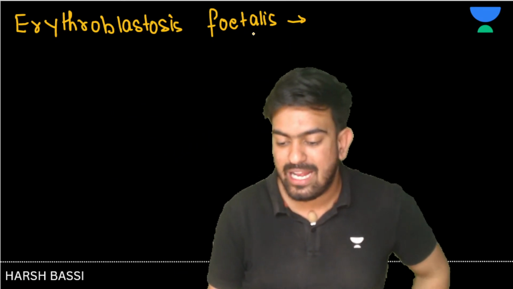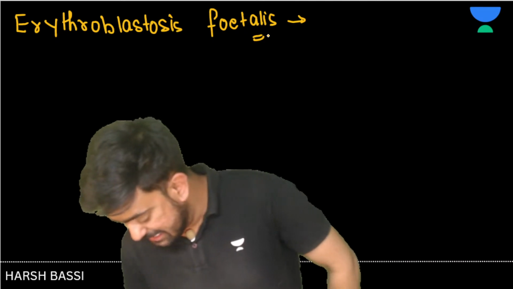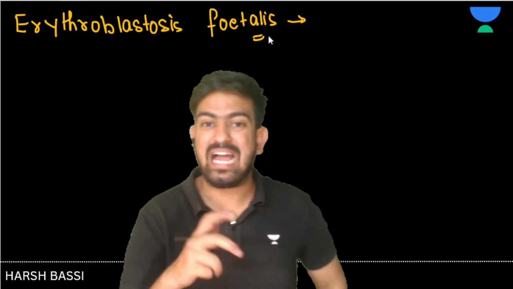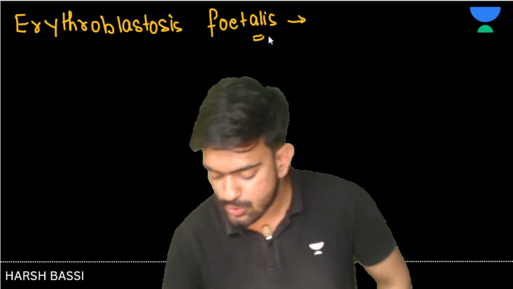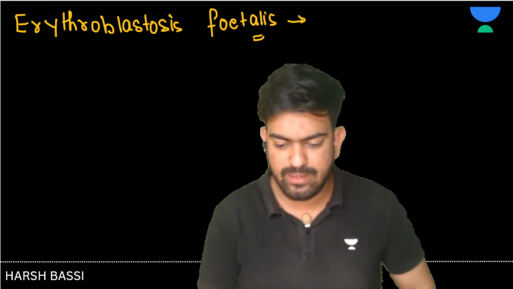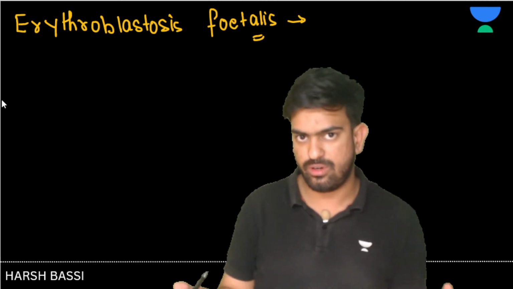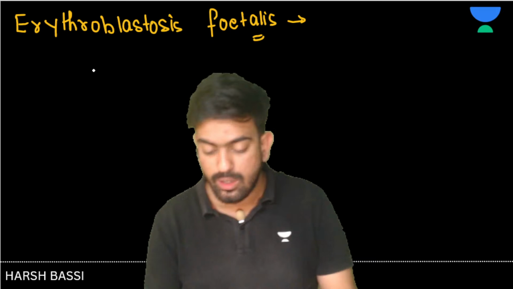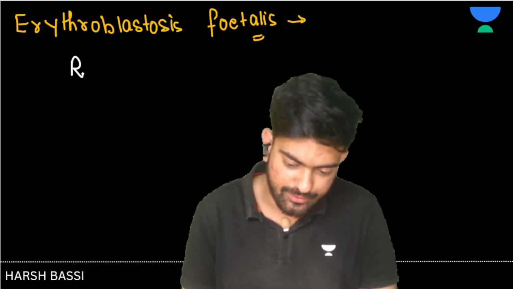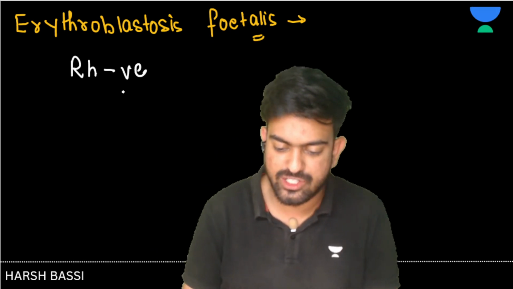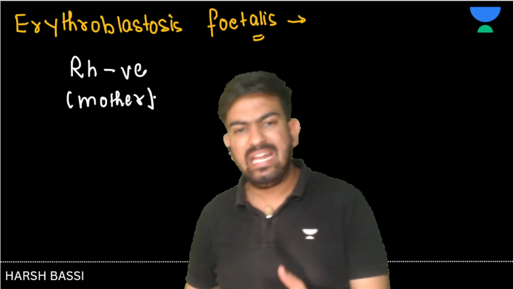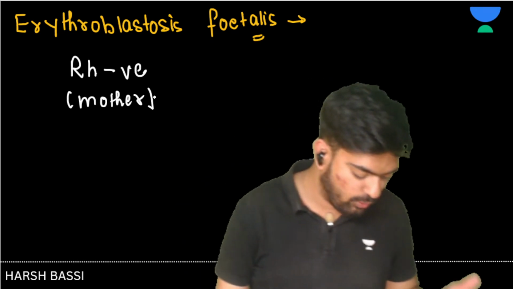चलो चलो. Erythroblastosis fetalis. Basically not during pregnancy, Roy. We should say after first pregnancy, right? So see what happens na. मजे मजे में people have done the wedding. Okay. So let's suppose that wife is RH negative, or I should say mother is RH negative. Maybe A negative, B negative, AB negative, O negative.